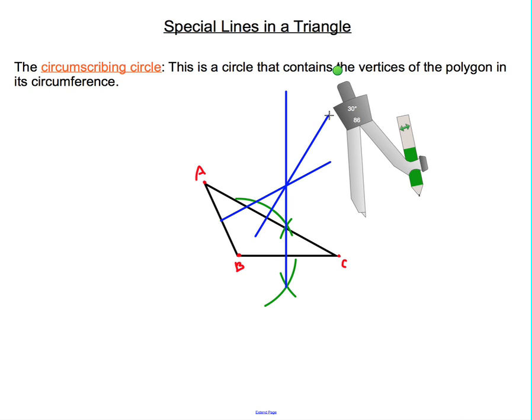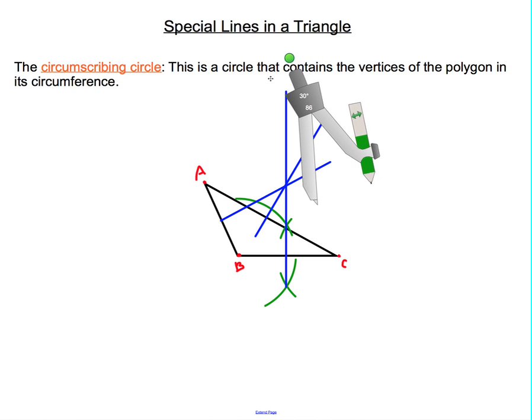Something like this. So this is just an approximation. You would want to perpendicularly bisect properly yourself using your compass, because that's the correct way to do it.